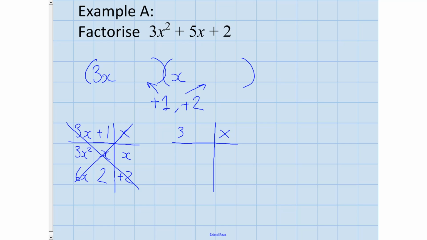So 3x plus 2 and x plus 1. 3x times x is 3x squared, 2 times x is 2x, 3x times 1 is 3x, and 2 times 1 is 2. And this one does work because 2x and 3x gives us 5x, so it's plus 2 with the 3x and plus 1 with the x.